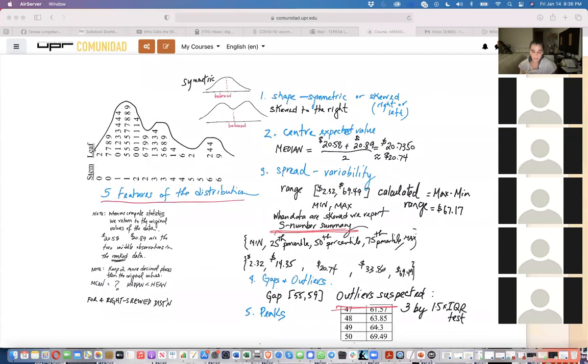Oh, to suspect the outliers, it's values that are far away. To identify, you just have to see the gap and far away from the rest. So that's why I suspected 4, but I only found 3 in the end. Okay.